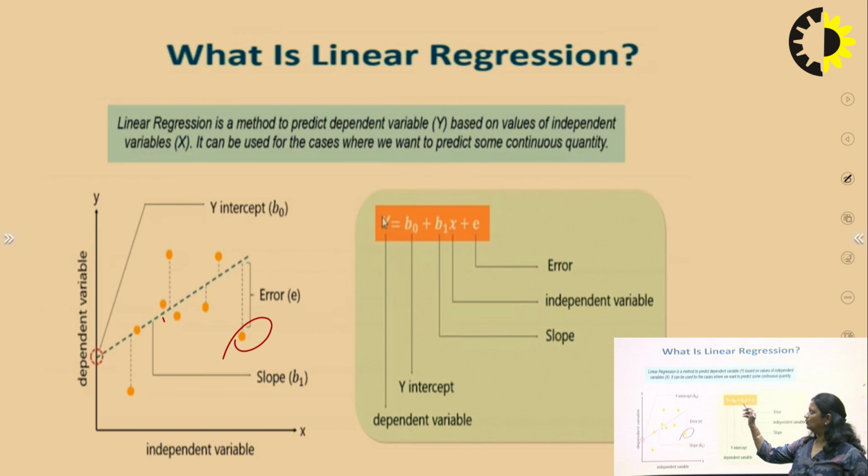So y is equal to b0 plus b1 x plus e. We also represent the linear regression relationship by this diagram, and this will help you to calculate the value of slope, intercept, and so on.